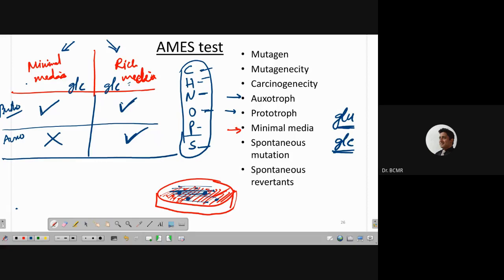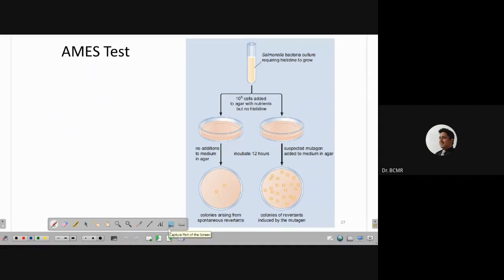Okay, so try to remember this, and I will give a brief introduction to the next topic so that when we discuss tomorrow, you will be able to understand better. Don't worry if you don't understand what I'm going to say now. It's all right. They take a bacterial culture, Salmonella. They took an auxotroph of Salmonella. What is it auxotrophic for?